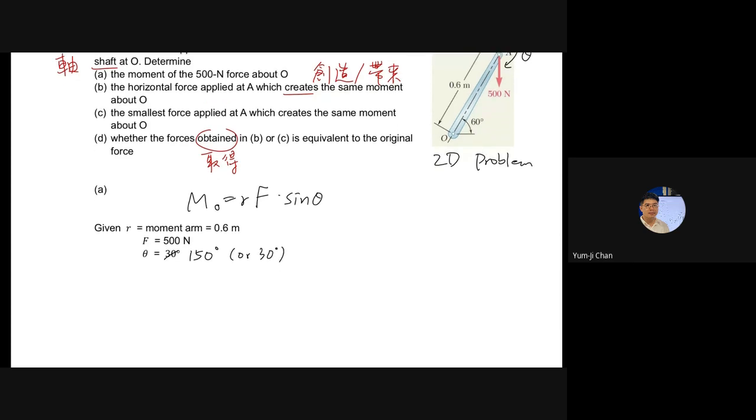So in this problem, R, the moment arm, is equal to 0.6 meter, and F equals 500 newtons, and theta equals 30 degrees or 150 degrees. Therefore, MO equals 0.6 times 500 times sine 30 degrees, equal to 150 Newton meter.